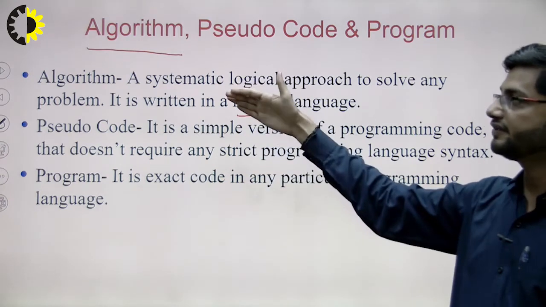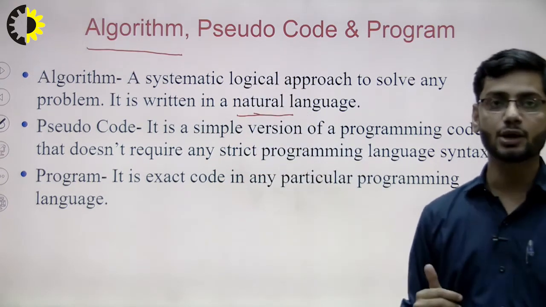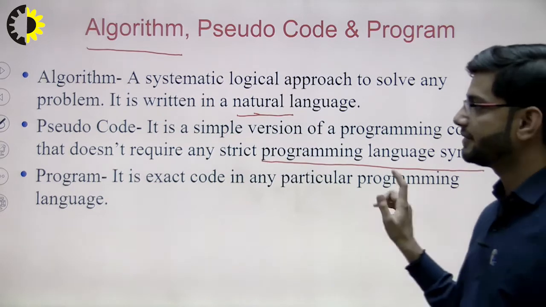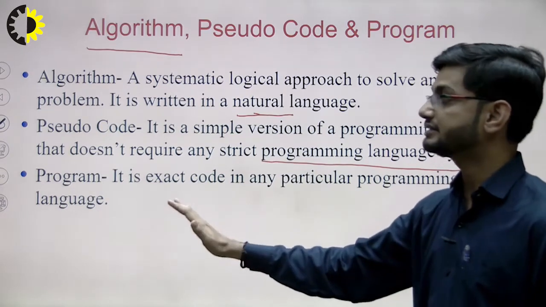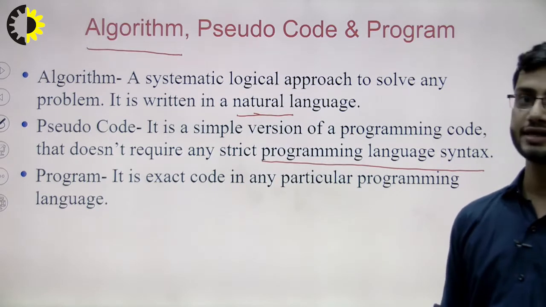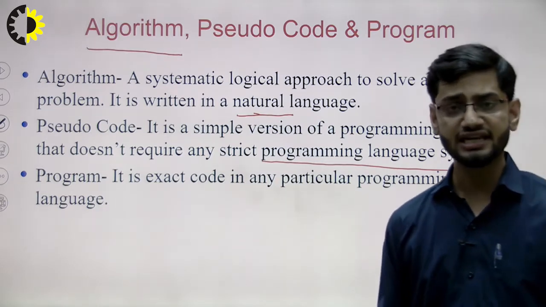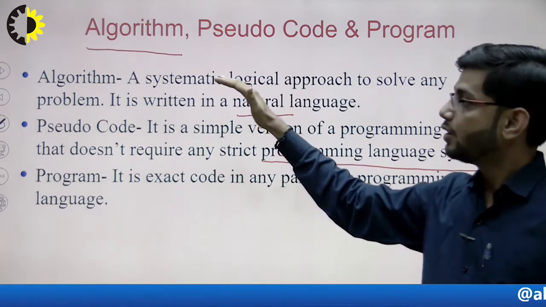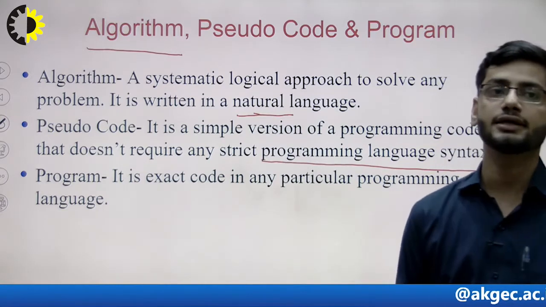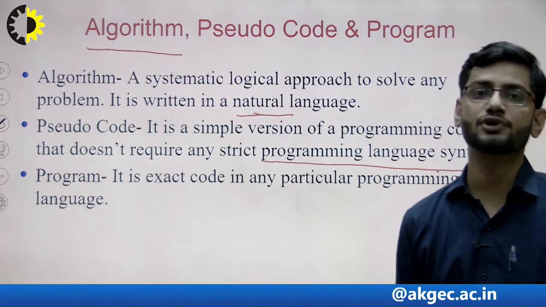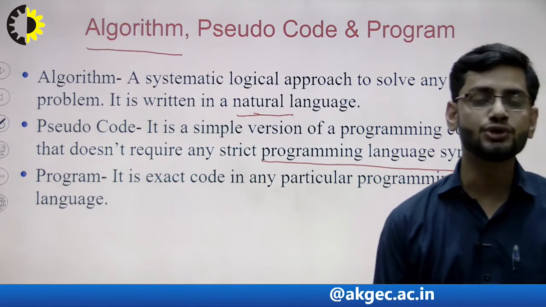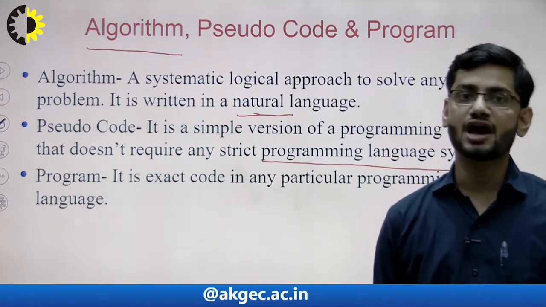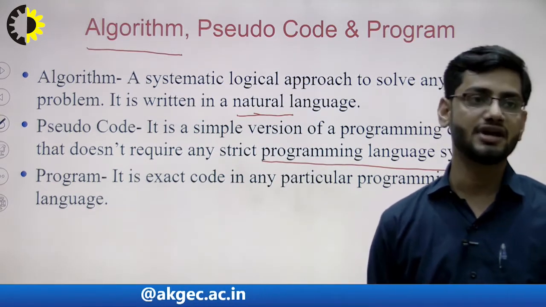It doesn't require strict programming language syntax, while program is the exact code that you want to execute on the mechanical machine, the computer. So algorithm is written in natural language, pseudocode does not follow strict programming language syntax, and at the last, program follows the strict programming language syntax.